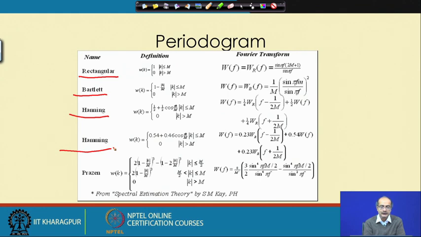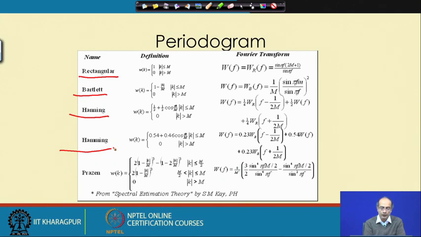Among these, if we take the simplest one, the rectangular window, it has actually the smallest 3 dB bandwidth, okay, but the attenuation of the side lobe is very small at the same time. So, it has very strong side lobes, that is the demerit of it.